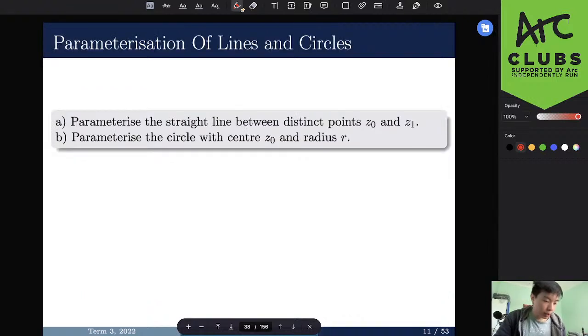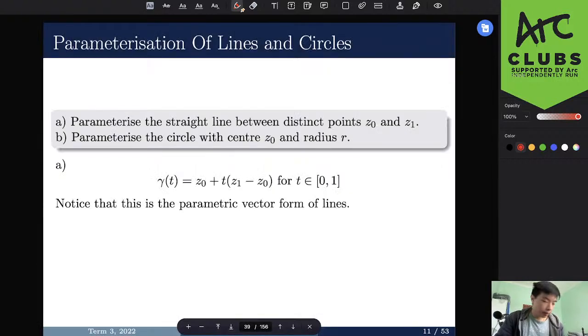So parametrization is a very key concept. It's going to be used in integration a lot, and we'll see how it's used later. But there are two main types of curves that we need to know how to parameterize, and the first is a straight line. So let's say we had a straight line from some arbitrary points. Let's call them z0 and z1. So we can define it to be gamma of t, which is equal to z0 plus t times (z1 minus z0).